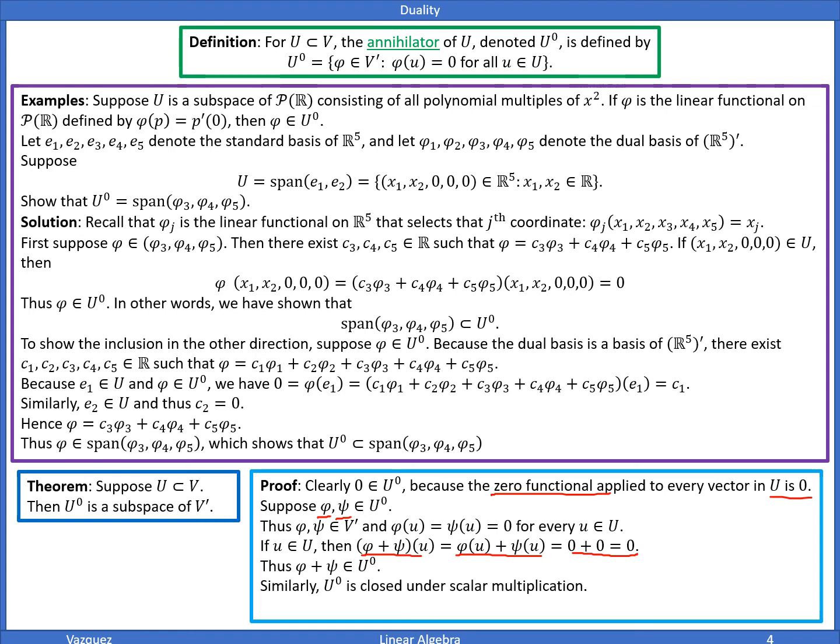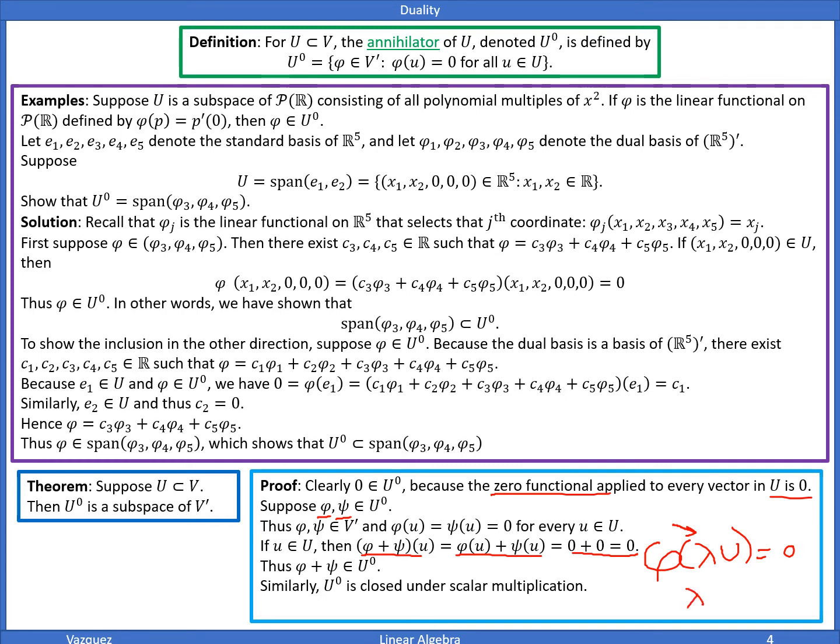Similarly, with scalar multiplication, we can do the same thing, right? You multiply any vector in U times lambda, but by definition of linear functional, that's just going to map it to 0.